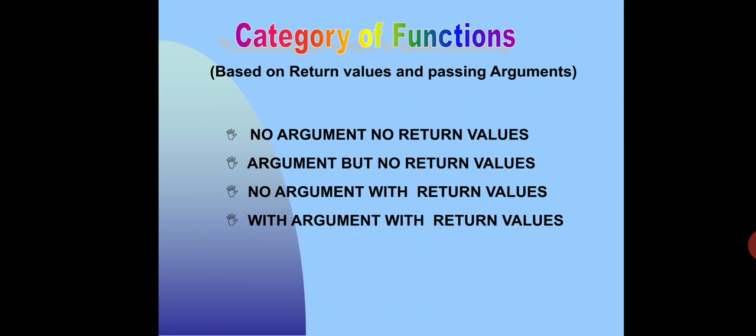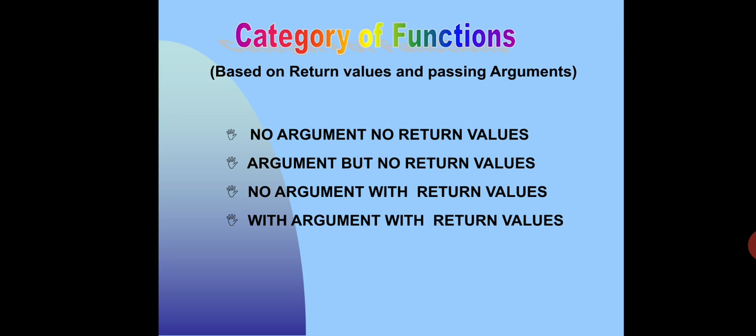Now there are many categories of functions. There are mainly four categories of functions. First is no argument and no return values. Another is with arguments but no return values. Then the third type is no argument but with return values.